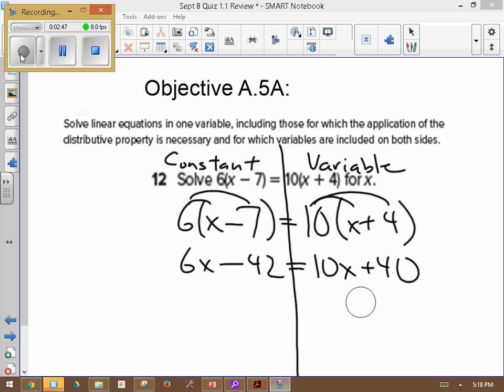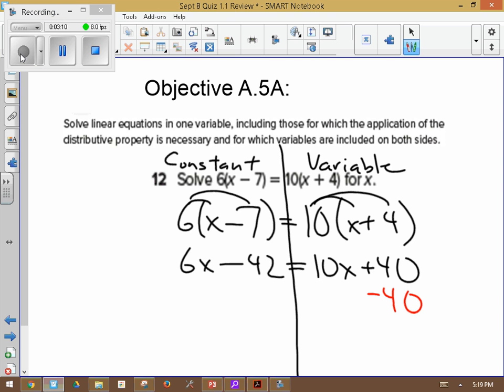We're going to use inverse operations to solve this problem. If you look at the variable side, you notice that we have 10x, so we'll leave that alone. That's a variable. And we have 40, which is a constant, so it does not belong on the variable side. So we are going to subtract the 40 from this side. But what you do on one side, you must do on the other.